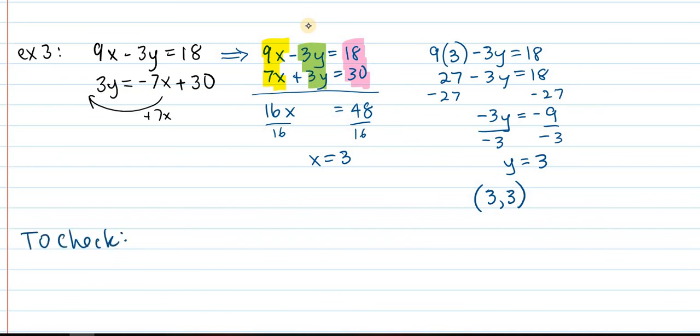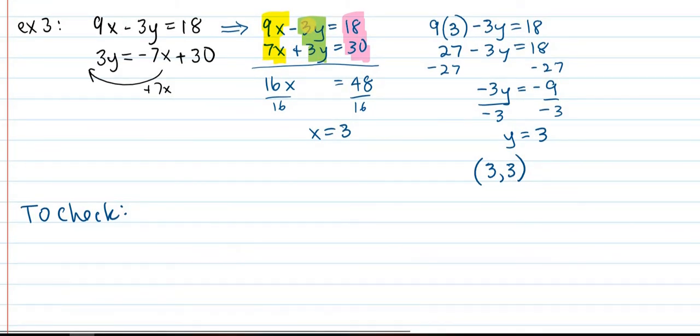In case you wanted to know how to check things, if you ever want to know if you got it right, you can take your coordinate pair and substitute it into both of the equations in order to see if it in fact works. So for example, I would do 9 times 3 minus 3 times 3 equals 18, and I have 27 minus 9. That does in fact equal 18, so it works in that equation.